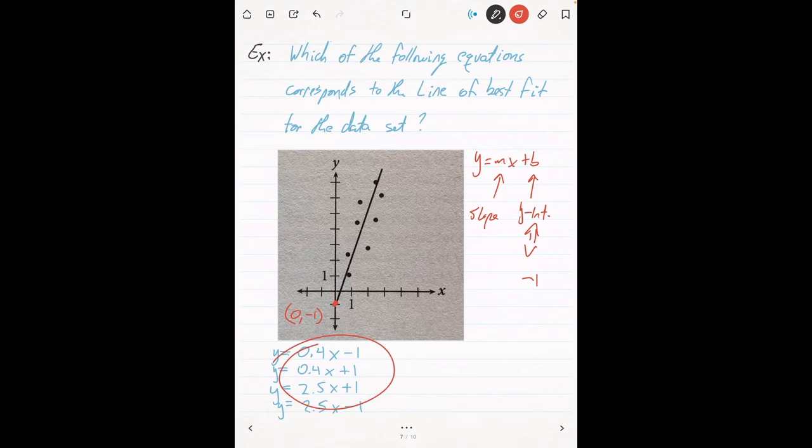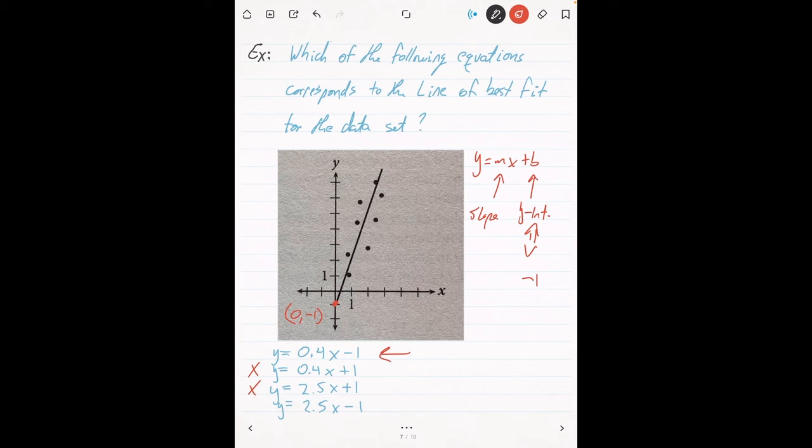If I'm looking at these equations, I'm noticing that this one that had a +1 and this one that had a +1 for the y-intercept cannot be the solutions because their y-intercepts are positive. That would mean you cross the y-axis here. We don't. We cross it down here. So neither of these are the correct answer.